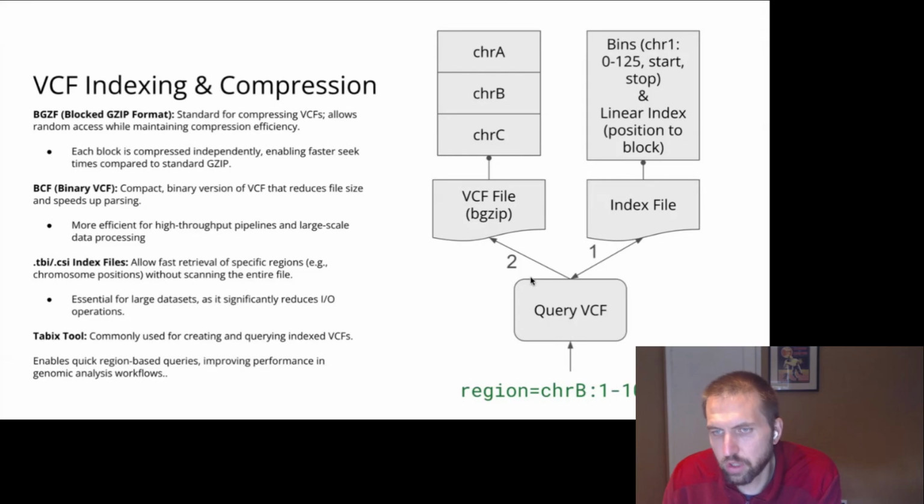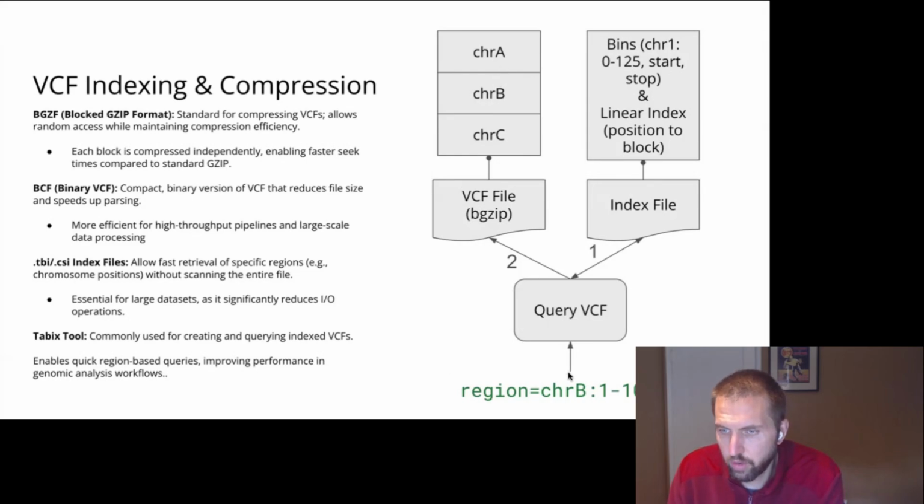The way that actually works is you have a block gzipped file and an associated index file. That index file has a mapping from the location in the genome, say chromosome 1 from position 0 to 225, to the byte offsets within the block gzip file that you want to query.